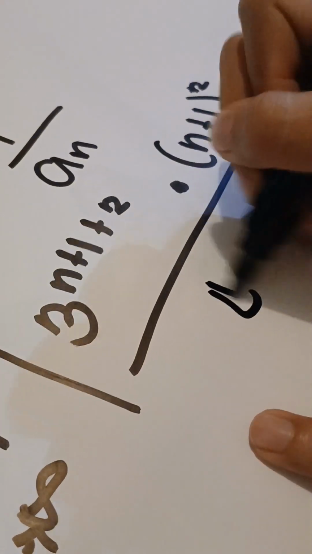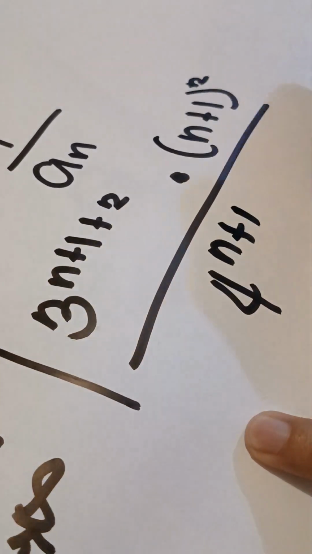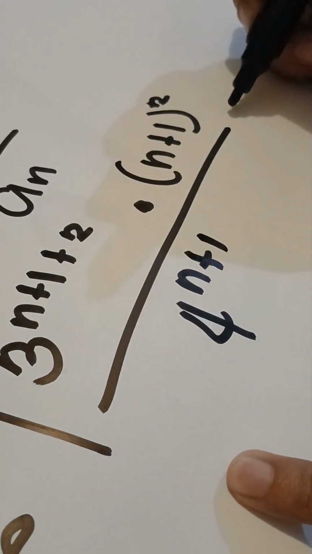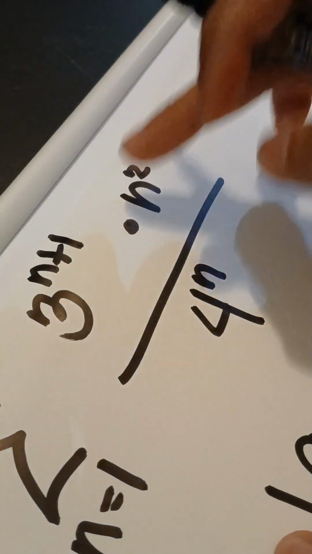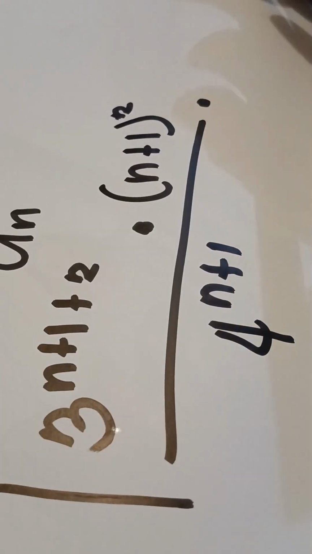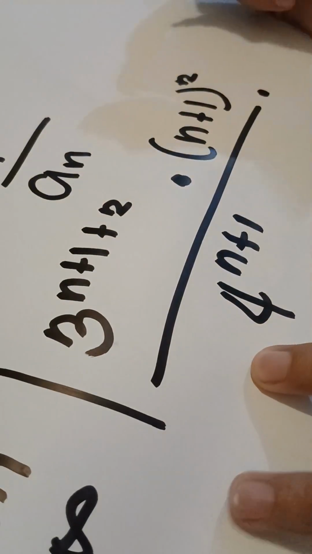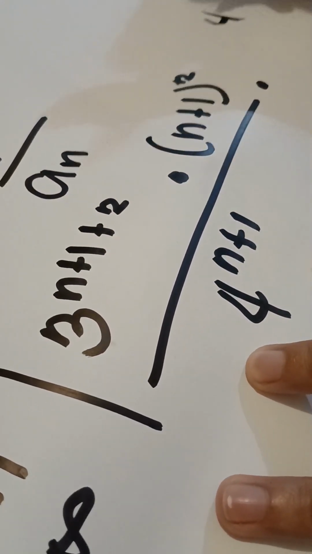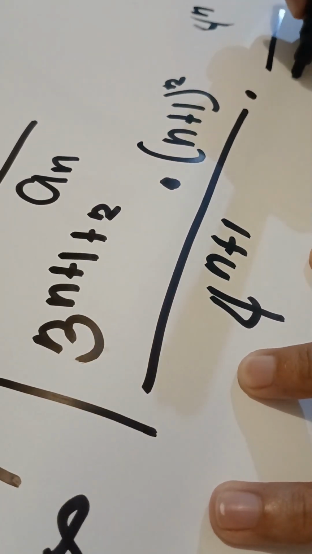Then multiply the reciprocal of that fraction. So we're going to have 4 raised to n over 3 raised to n plus 2 times n raised to 2.